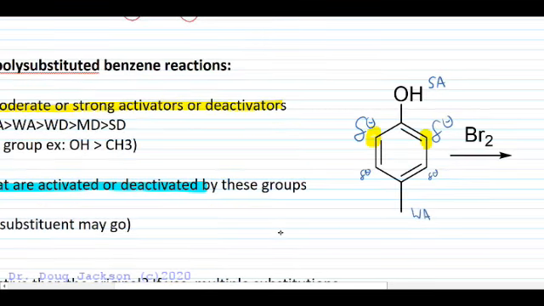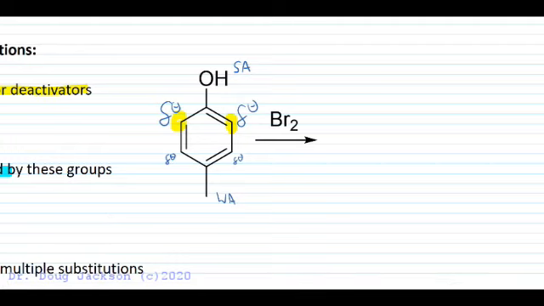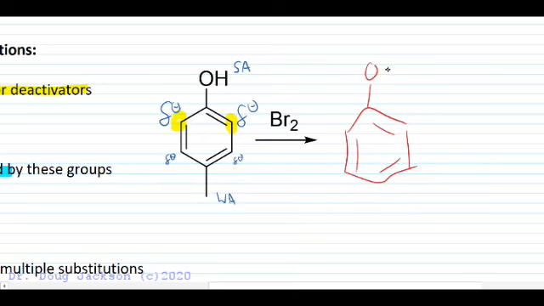Overall, the strong activator outweighs the methyl. So OH is a strong activator, methyl is a weak. In our chart here, strong activator beats weak activator, and so it directs the product here to form our ortho substitute. And again, both ortho positions are the same because there's a plane of symmetry right there in the molecule, and so we end up getting the bromine ortho to the more active group.